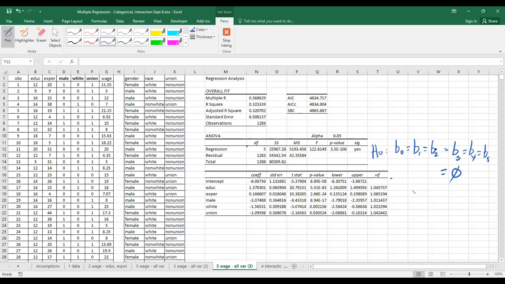Bakit B5 guys? Bakit hanggang B5 ako nilagay ko? Sir, kasi po 5 na po yung independent variable. Correct. 5 na yung regressors natin: education, experience, male, white, union. Okay? So 5 na siya.